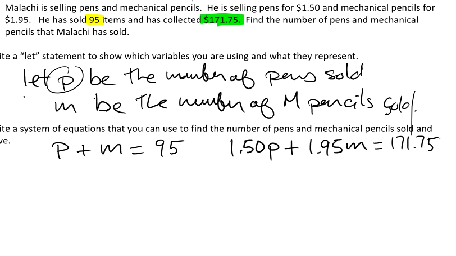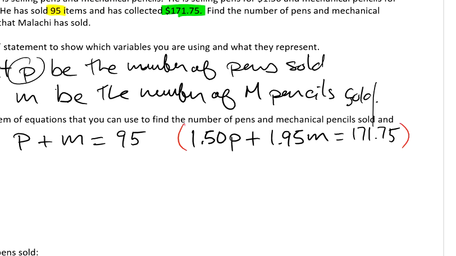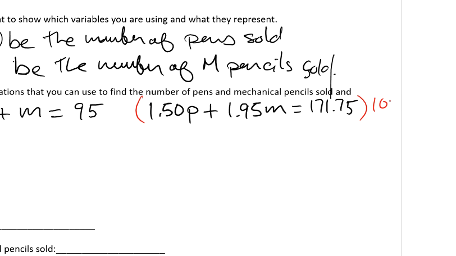$171.75. Now, there's absolutely nothing wrong with working with those equations exactly as they are. However, I'm not a fan of the decimals. So one of the things I can do is I can choose to multiply this top equation through. I'm going to multiply through by 100. And if I do that, right, I eliminate all of the decimals. So you can leave the decimals if you want to work with them, that's fine. I'm just going to multiply through by 100.